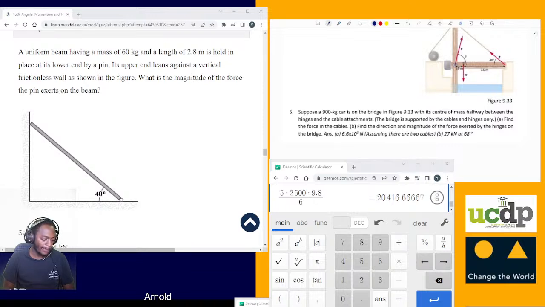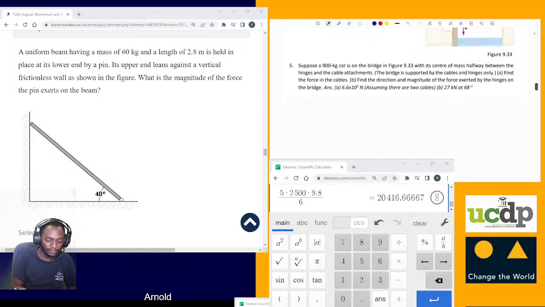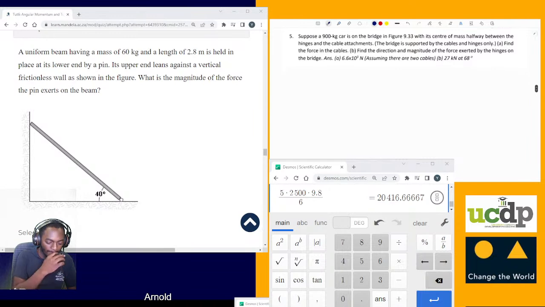Okay, so assuming that there are two cables in that particular scenario, what would be the first thing that we do there? The first thing will obviously be to put a sketch of the situation that we have there. So we can put the diagram. We have got the weight somewhere here.